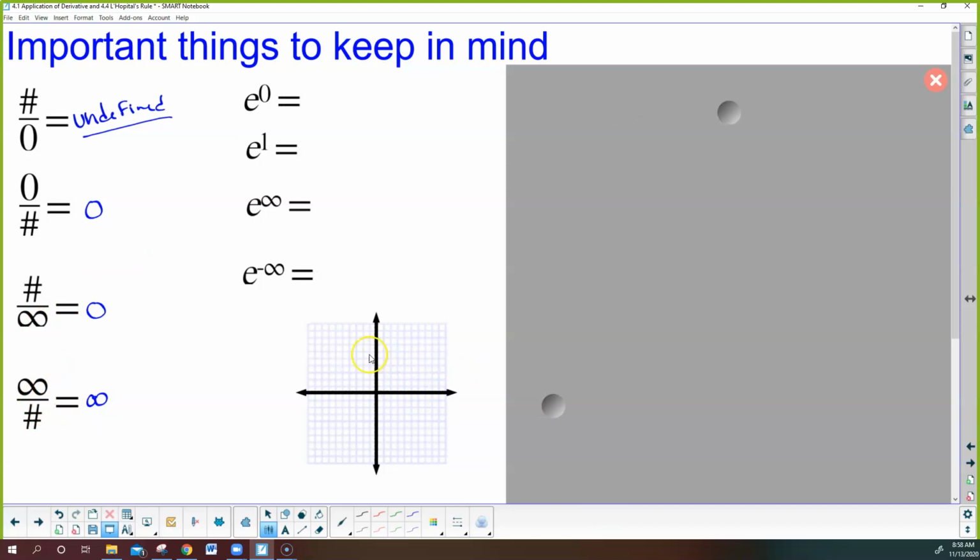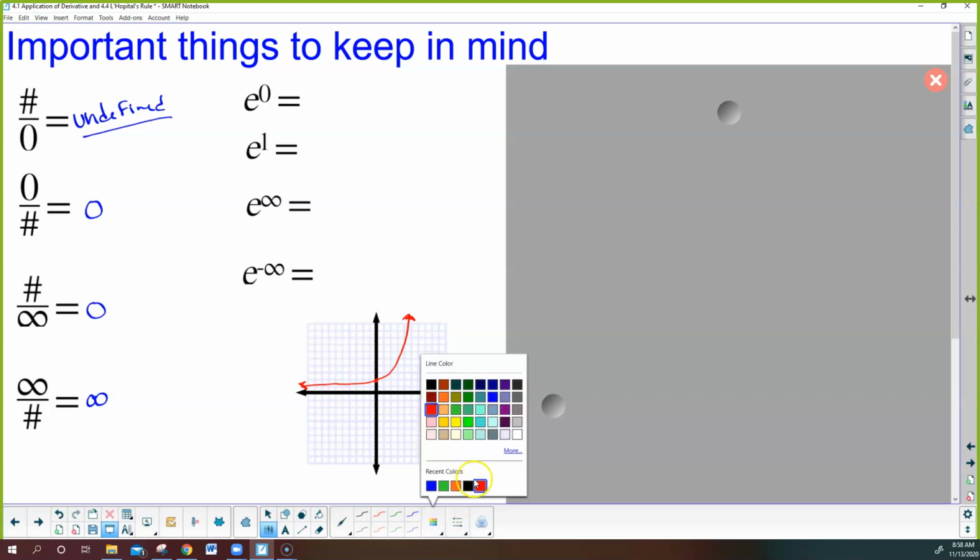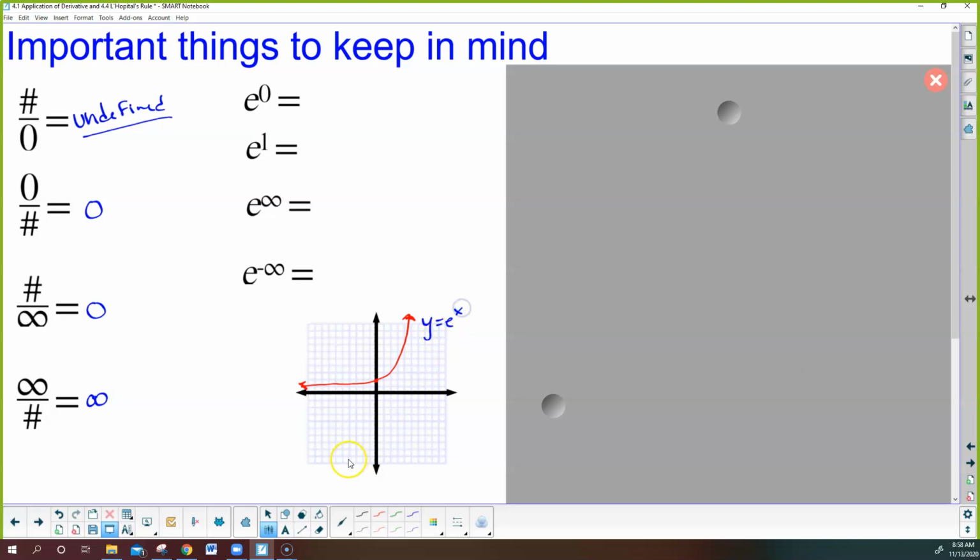The other thing that we've talked about before, but the other thing that confuses students is this idea of e to the x. My suggestion for this is to think of the graph, right? We basically just saw this graph in a slightly different form, but we saw an exponential graph with the bee population. So we have to think of a couple of things. What do we know about the graph y equals e to the x?